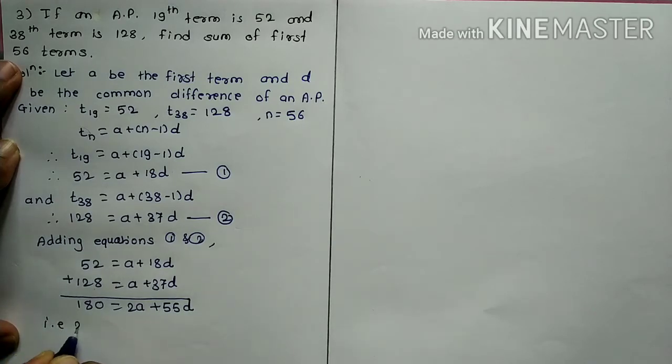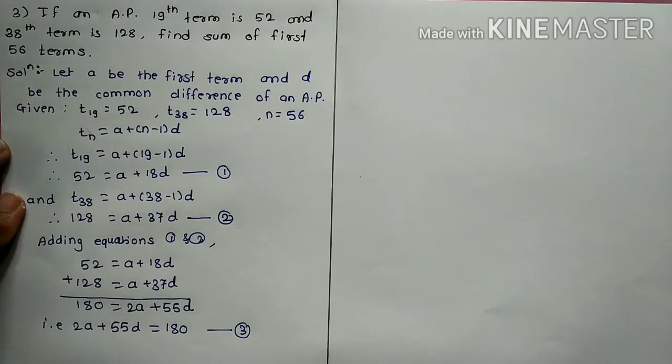That is, 2A plus 55D equals 180. This is equation number 3.